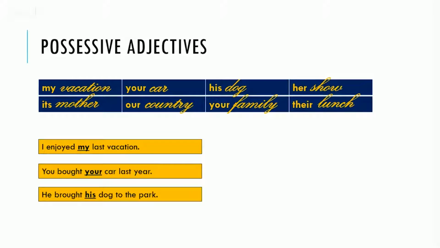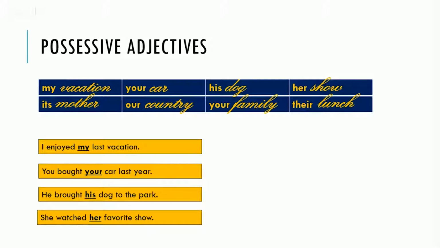So, tienen que aprender esas dos palabras, son tan cercanas que muchas personas se confunden entre una y la otra, pero son diferentes. You bought your car last year. Tú compraste tu carro el año pasado. He brought his dog to the park. Él trajo su perro al parque. Okay? So, vamos a aprender la diferencia entre esas dos palabras, por si acaso no las sabíamos ya.